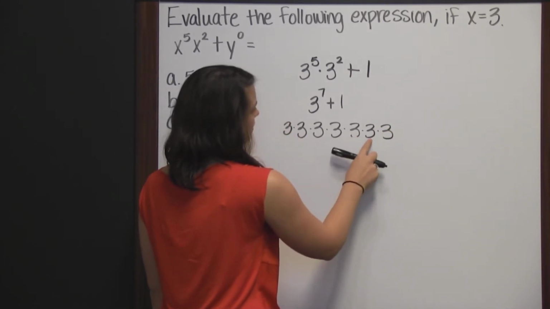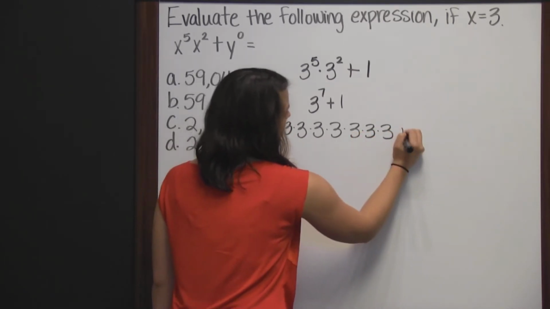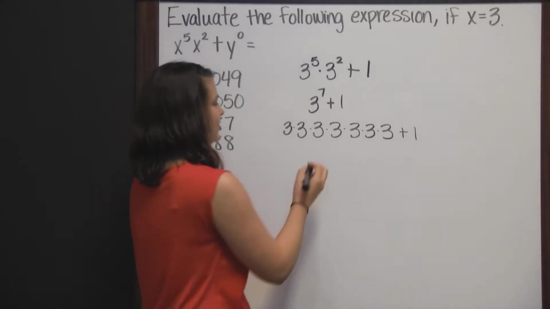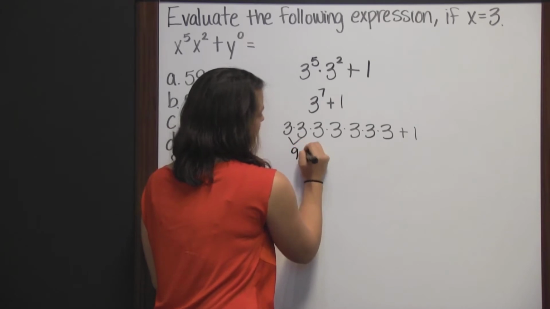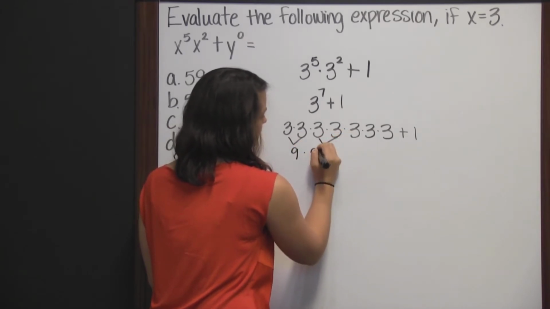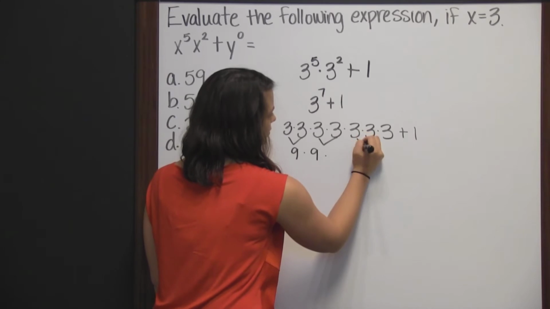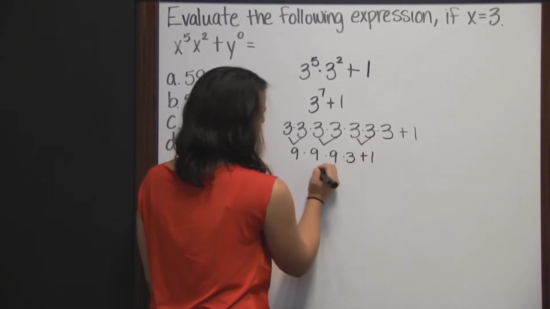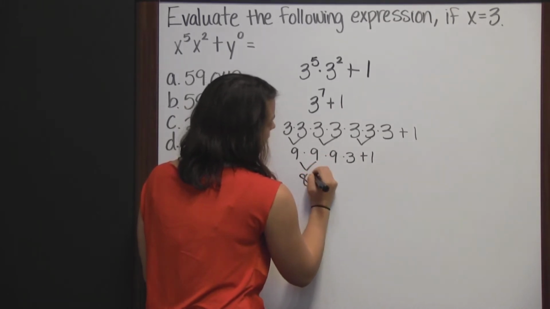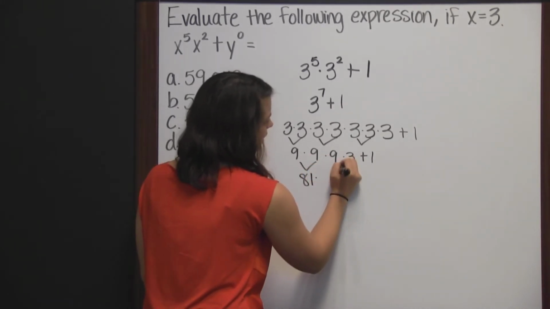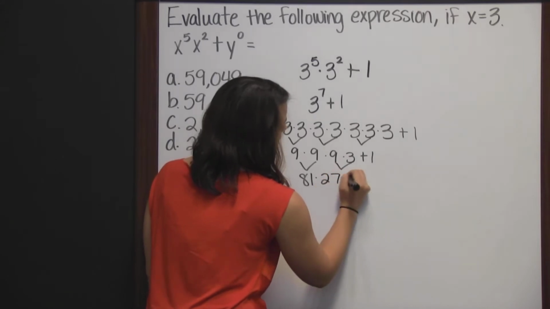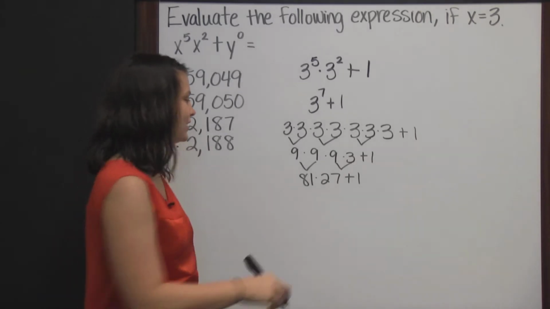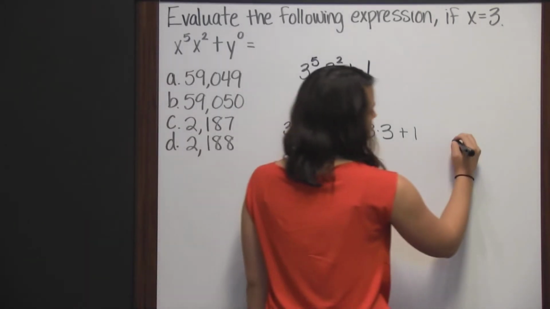Okay, so we have a lot of 3's to multiply. 3 times 3 is 9, times 3 times 3 is 9, times 3 times 3 is 9, times 3, plus 1. 9 times 9 is 81, and then 9 times 3 is 27, plus 1. Okay, so now we need to multiply 81 times 27.